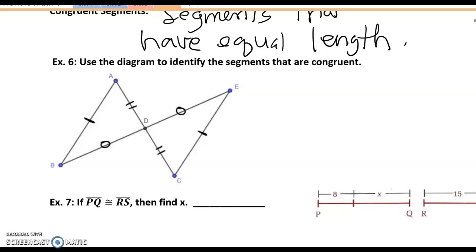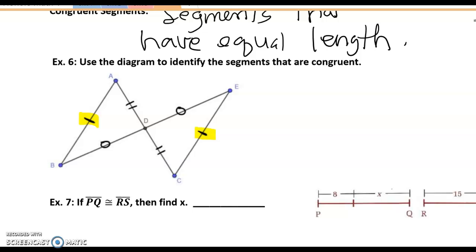So let's take a look at segment AB. It has that one little mark on it. And we also notice a similar mark over here on segment CE. All right, so those tick marks tell you that those two segments are congruent. Okay, so what we're going to do is write a statement of congruency of those two segments.